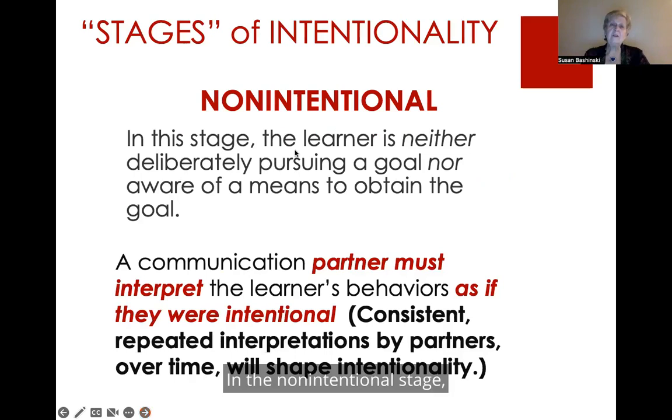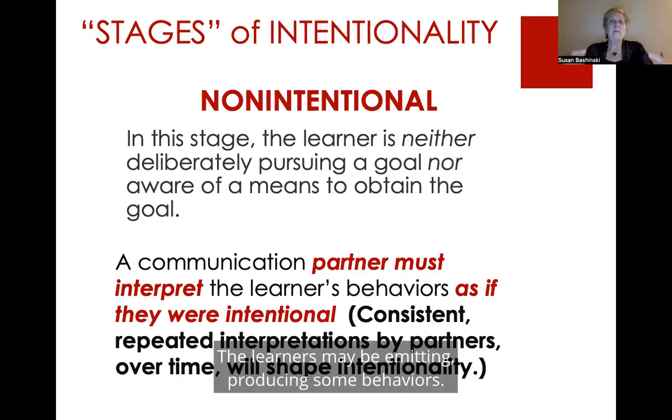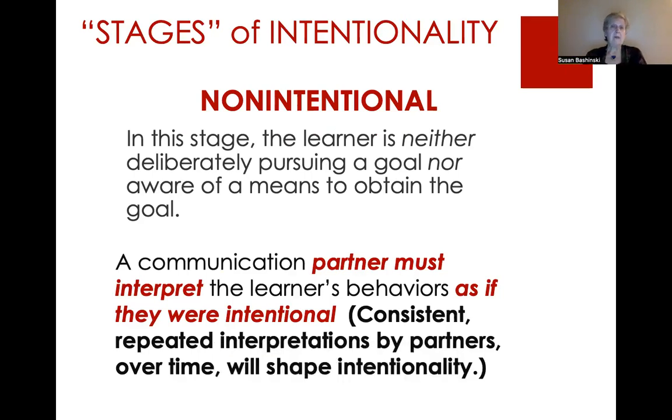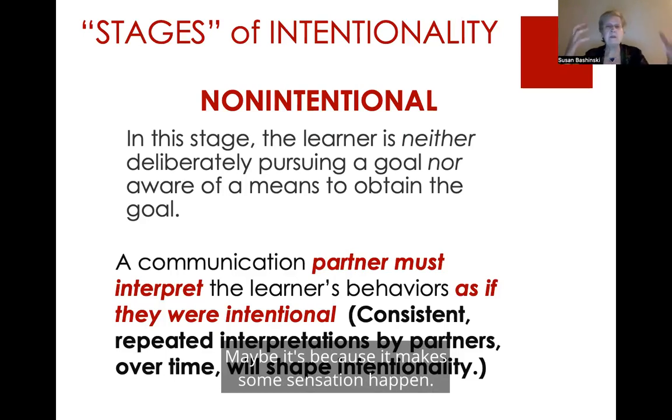In the non-intentional stage, the learner is neither deliberately pursuing a goal nor aware of a means to obtain the goal. The learner is just being. The learner is maybe emitting, producing some behaviors. Maybe it's because it makes them feel better. Maybe it's because it makes some sensation happen.